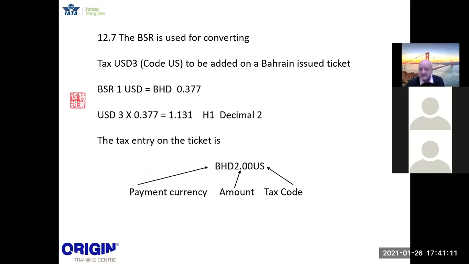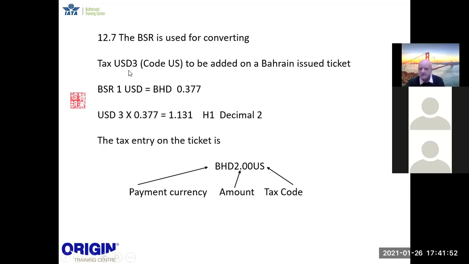Right, taxes. Taxes are another thing that we have to charge in one currency and pay in another. For instance, you've got a passenger going to the UK and there's a UK airport tax of 5 GBP. I'm going to have to change that into Bahrain dinar to put it on a ticket in Bahrain. Taxes, we're going to look at in a bit more detail later, next lesson.